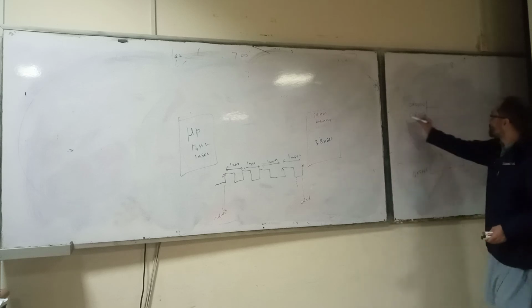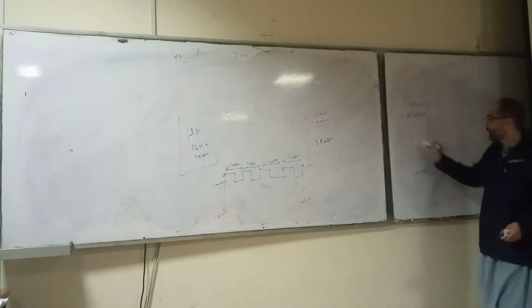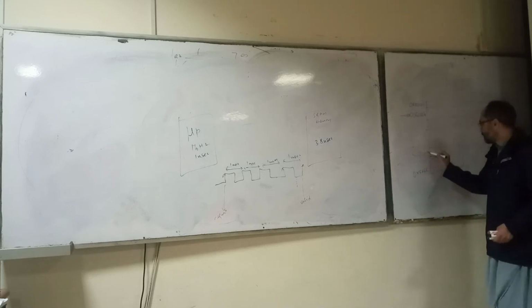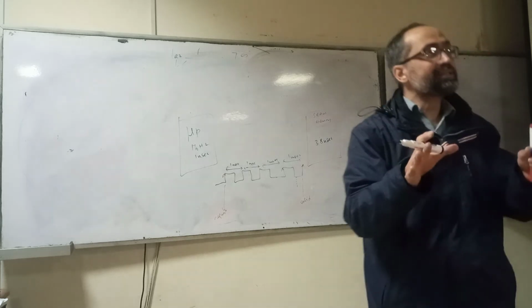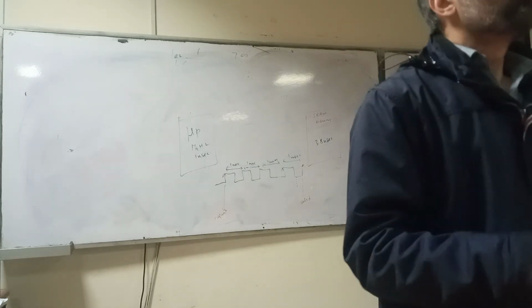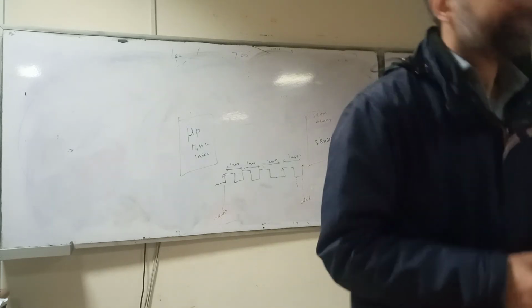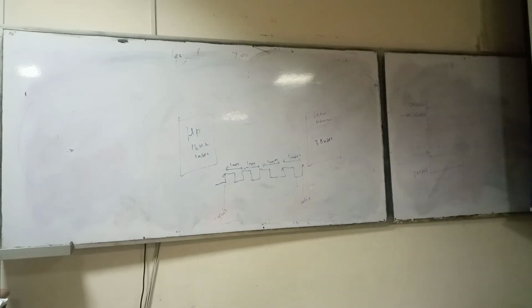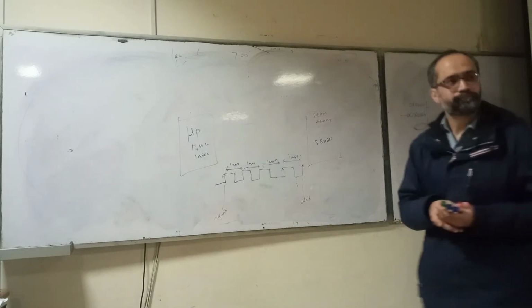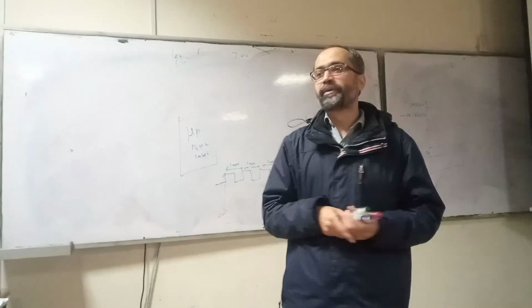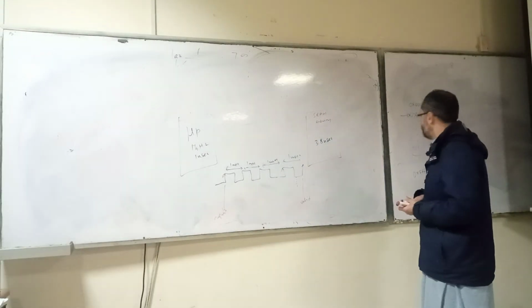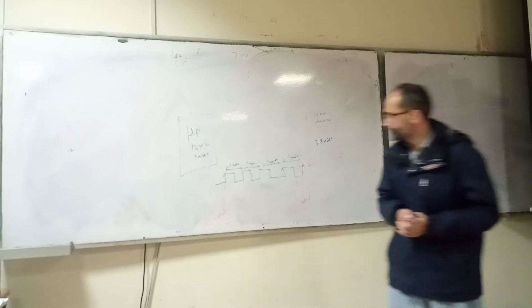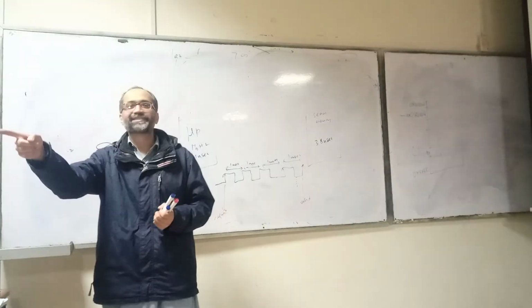If you access this location or that location, the access time is constant. Why is it the same? This is a very good question. Can anybody give an answer? Yes, the decoder selects.